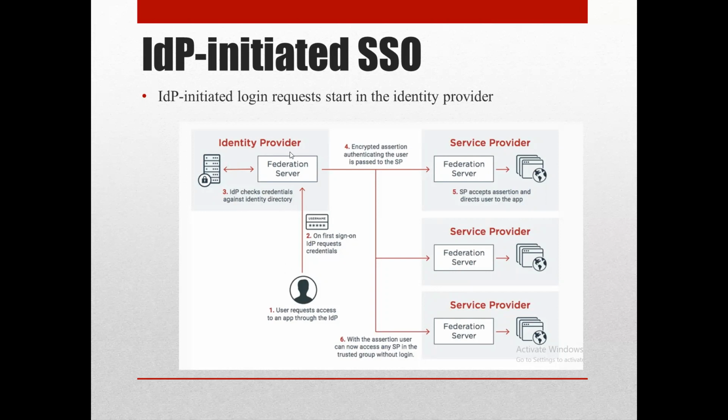From PingFederate, his or her account gets validated, and then it will be sending an assertion to the service provider. Then the session will be created between the browser and the service provider. And we will be talking about the next topic, SP initiated SSO.